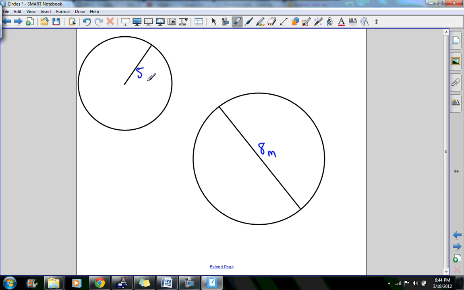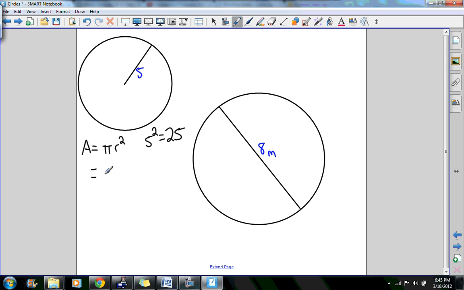So for the first circle here, we're going to find the area and the circumference. Area is going to be equal to pi r squared. Well, the r is equal to 5. 5 squared is equal to 25, not 10. It's not 5 times 2, it's 5 twice, 25.